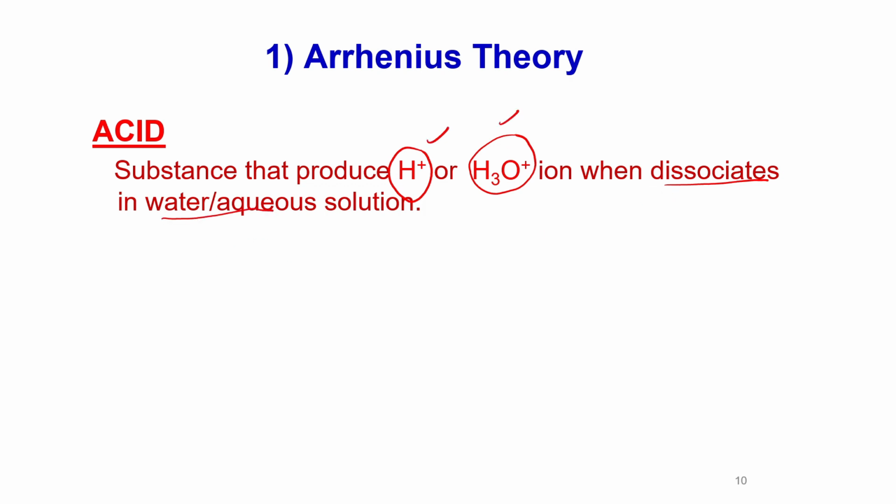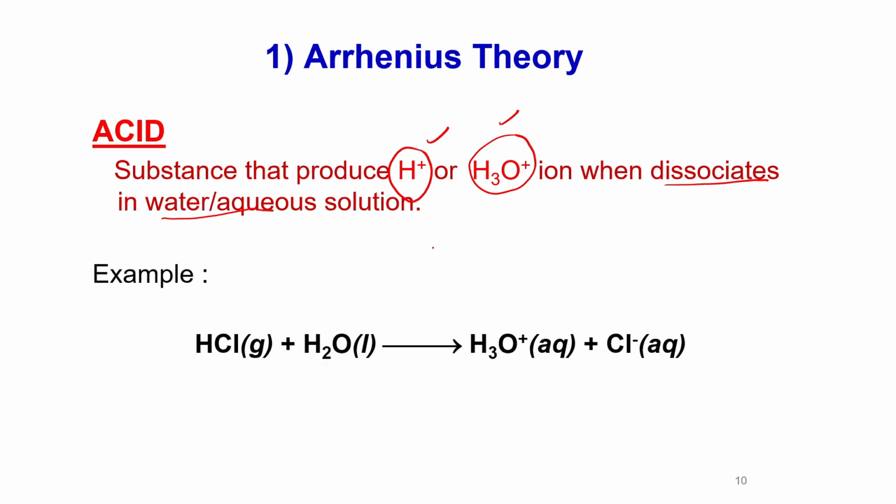So meaning in the equation we need to write water beside the substance, sebab definitionnya ialah bila di dalam air. So bila di dalam air, HCl terurai hasilkan Cl minus. Dissociate refers to HCl. So HCl yang menghasilkan H3O plus. Jadi dia ialah acid according to Arrhenius.